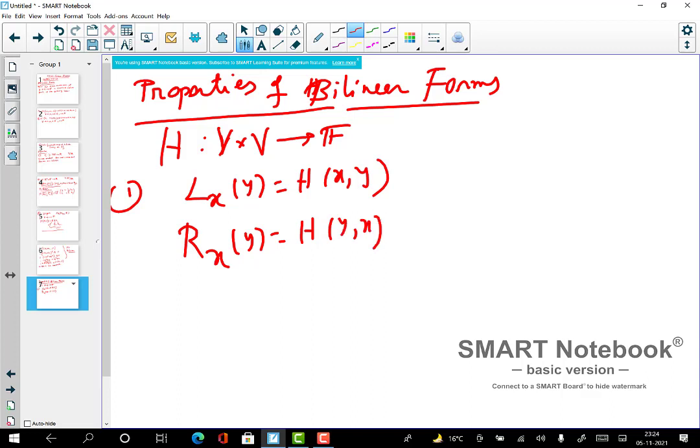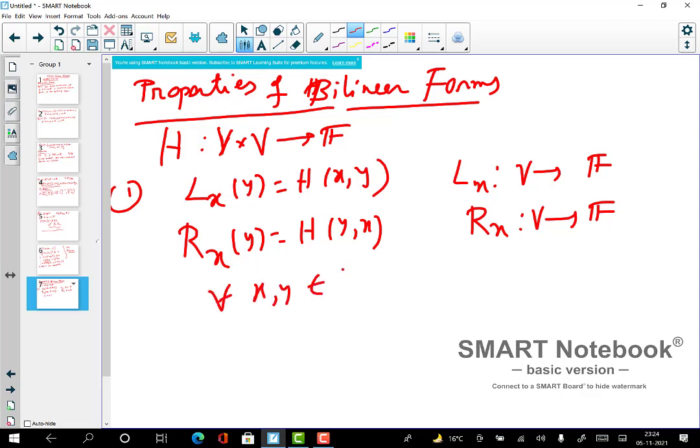Okay, so you see that this Lx is also a map from V to F. Similarly, Rx is a map from V to F. Okay, and this you can define for any x, y, right? For all x, y belonging to V.